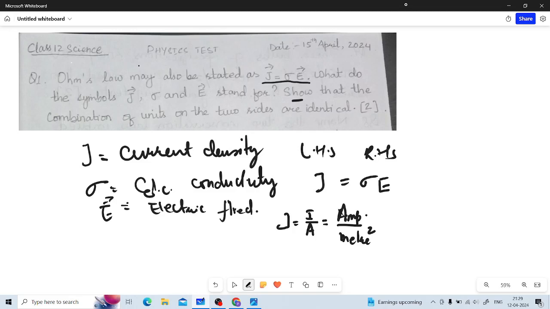On the right hand side we have sigma. So unit of sigma is, sigma is 1 by resistivity. The unit of resistivity is ohm into meter.